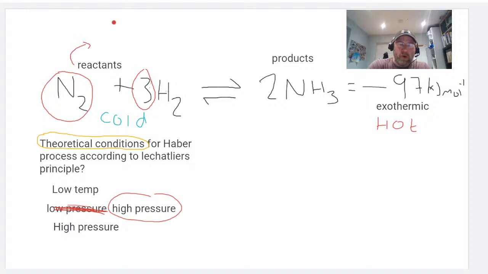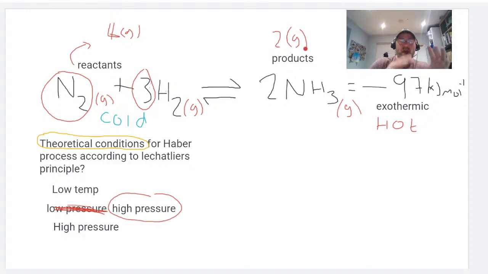I've got 4 gas molecules. By the way, make sure that they say gas. You could have a solid or a liquid, and that's not going to be affected by pressure. So make sure these have all got a G next to them. They're all gases. So I've got 4 gas molecules here and only 2 gas molecules here.